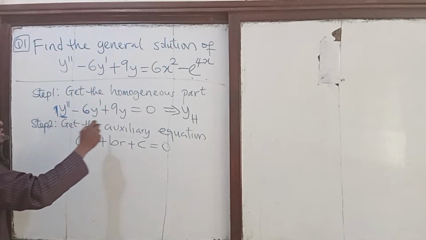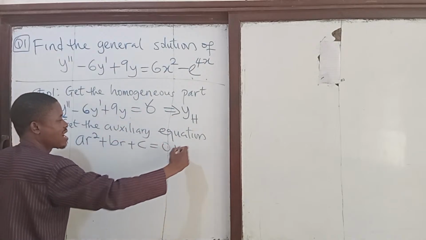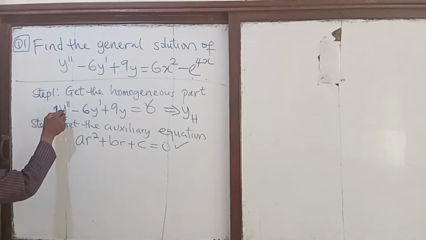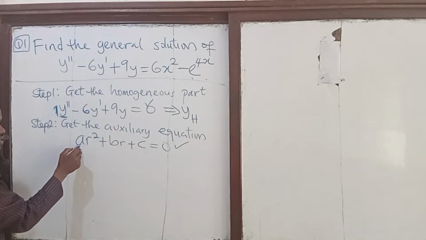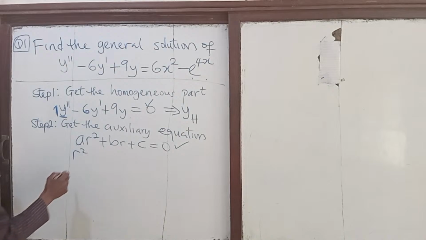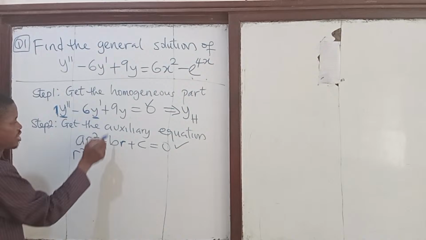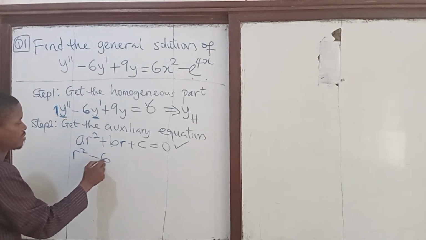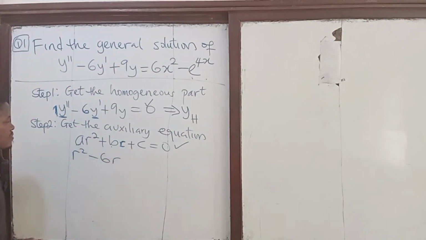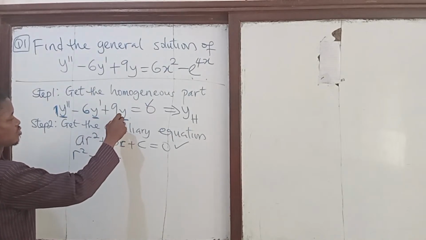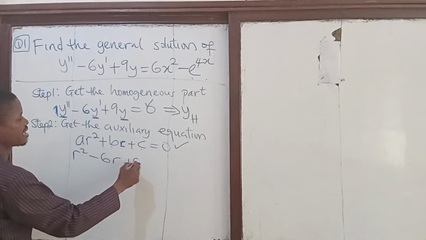Corresponding this with the standard auxiliary equation, a is 1, so we have r squared. The coefficient of the first differential is b, which is minus 6 times r. The coefficient of y is c, which is plus 9, equal to 0.